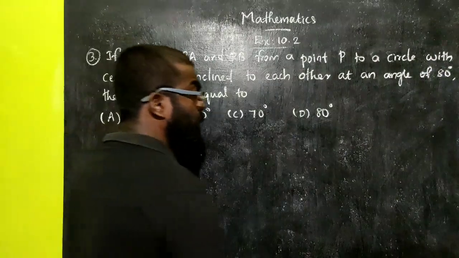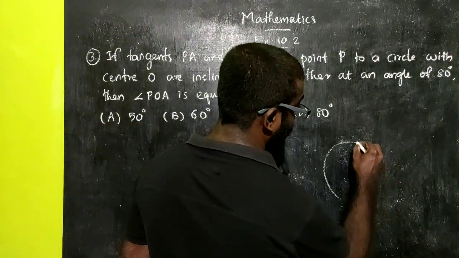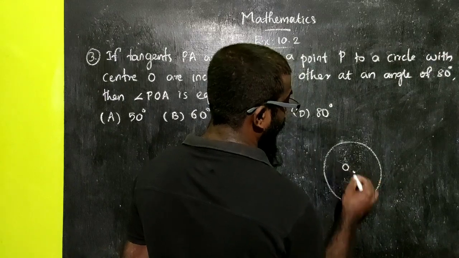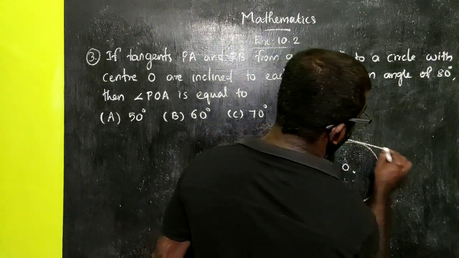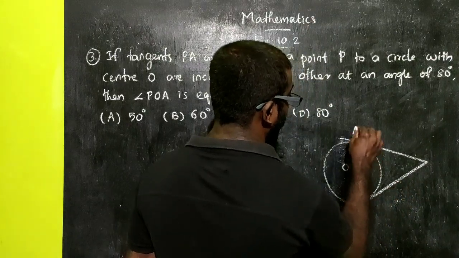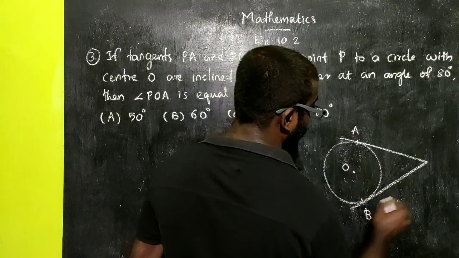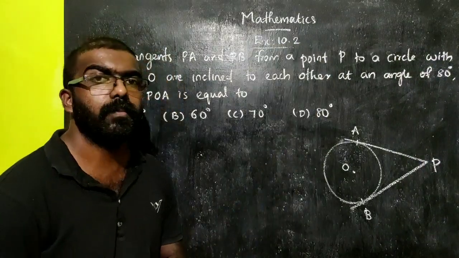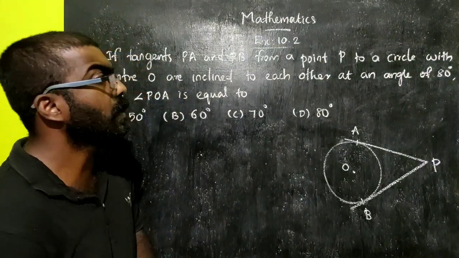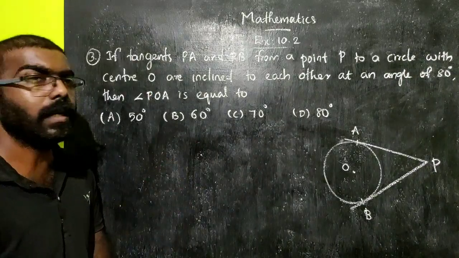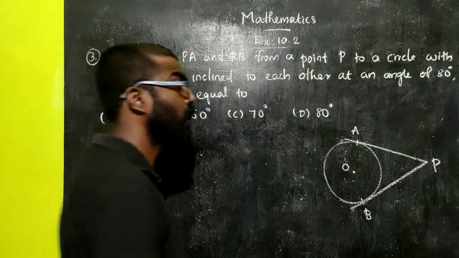For that we can draw one circle with the center O, PA and PB. Here we can mark A, here B, here P. Here PA and PB are tangents from point P to the circle with the center O. These two tangents are inclined to each other at an angle of 80 degrees.